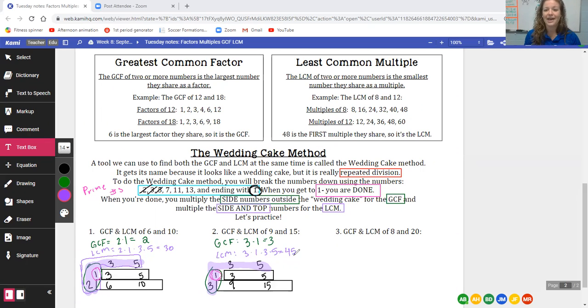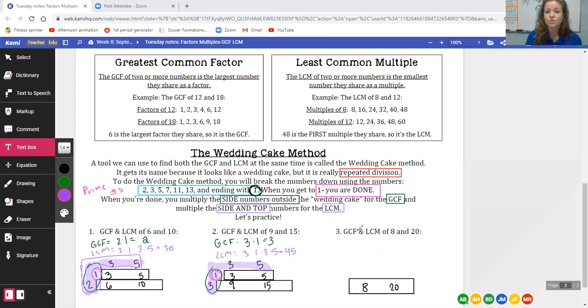All right, let's go ahead and try our last one. So we start off with our bottom tier. What 2 numbers go in that bottom tier? 8 and 20, because those are the numbers they gave us. And we're going to start over here on our list of numbers. What number do we always start with? 2.